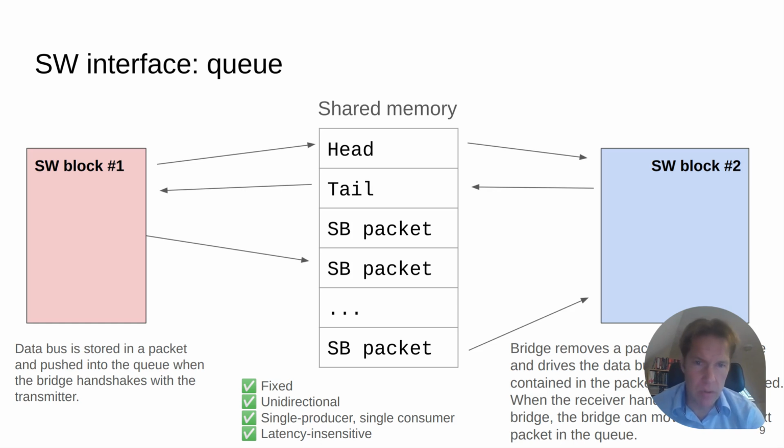The queue is also responsible for doing ready valid handshakes between the two blocks, the receiver and the transmitter. But in terms of treating transactions in and out of these shared memory queues, from the outside, it looks like a fixed unidirectional single producer, single consumer, latency insensitive channel.